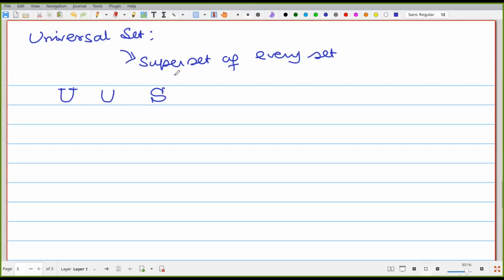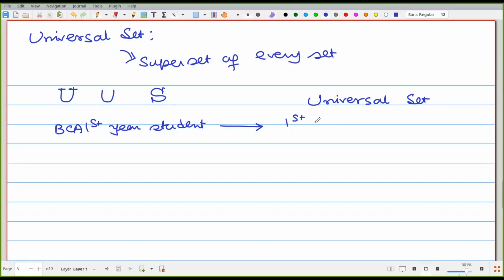And already it has been discussed that we may define our universal set. So suppose BCA first year students. Now we may have, according to our requirement, our universal set. So we can at first say the universal set of first year students.